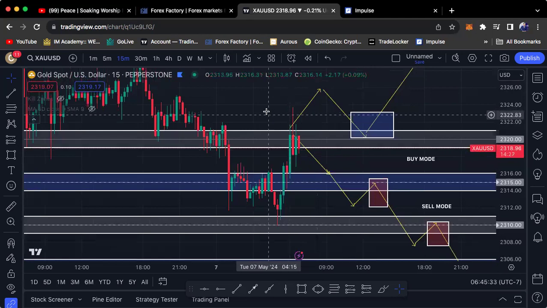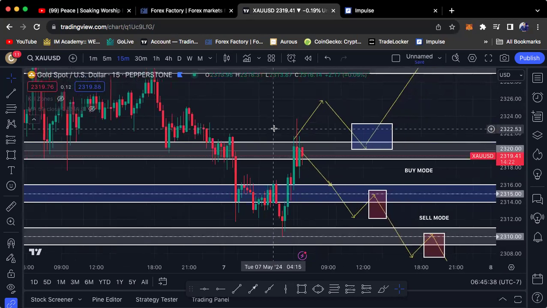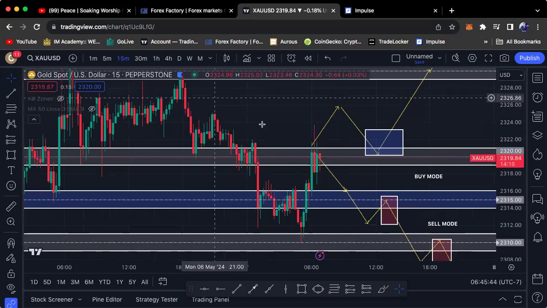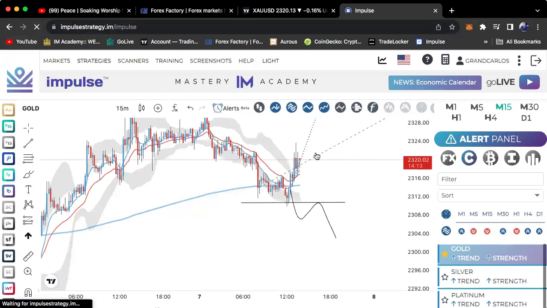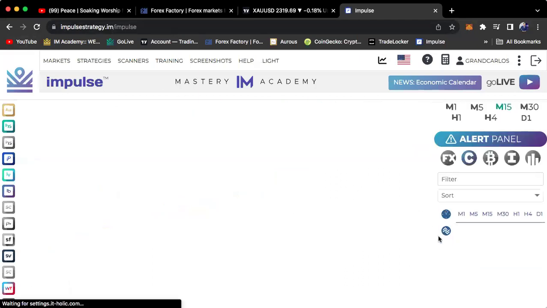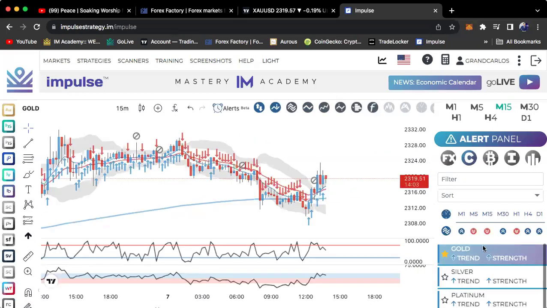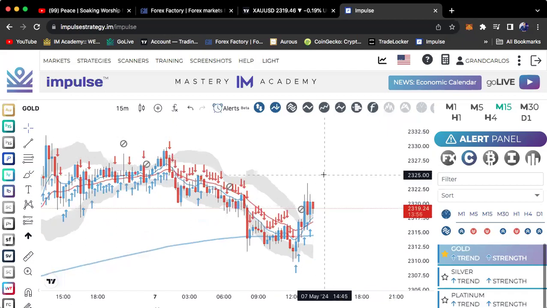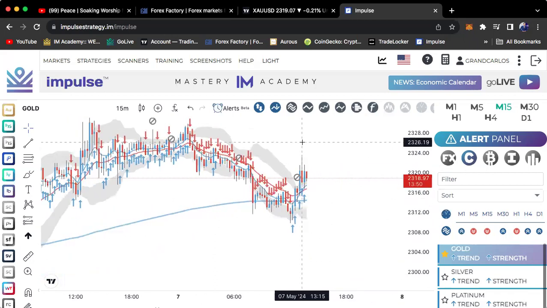So the momentum of the market is towards the downside. Let me refresh it. It's still giving me a blue arrow on the strength, but that eventually is going to turn red once it crosses below 2315, 2310.